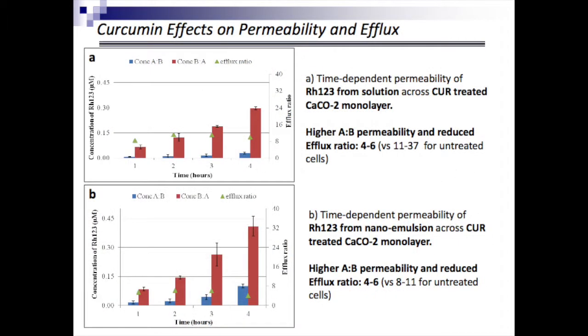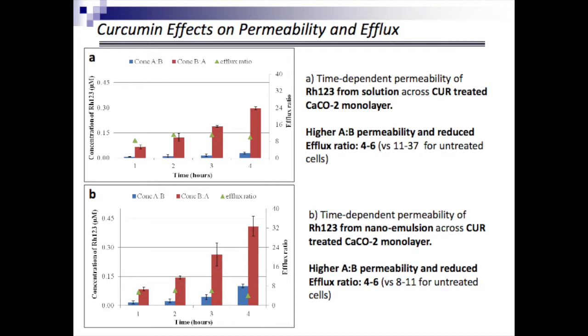So with this pre-treatment, we then tried again our permeability studies using rhodamine 123, both in solution and in nano-emulsion form. And you clearly see that even in solution form, when you pre-treat with curcumin, you are inhibiting these efflux transporters. And now we've been able to suppress the efflux ratio tremendously compared to the previous example when we didn't pre-treat with curcumin. But the effect on the nano-emulsion is even more profound.